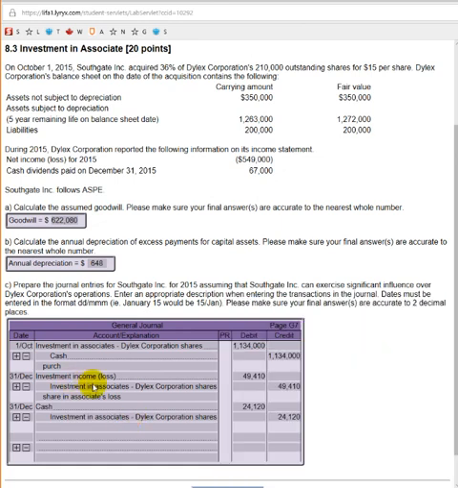So this investment loss decreased our investment in the associates, as did this one, because we get paid back our purchase price because we lost money. We didn't actually make any money in the interim. So dividend received. There we go. And then on the 31st of December, what else happened?